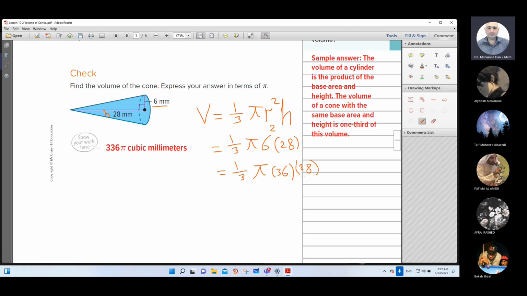Now 36 times 28 times 1 divided by 3 will be 336 cubic millimeters.